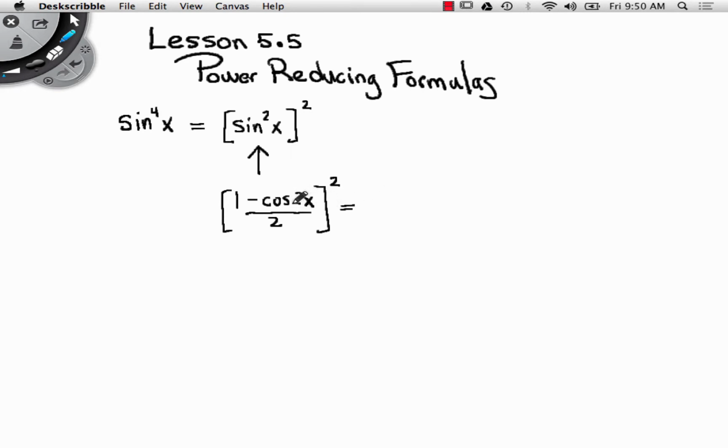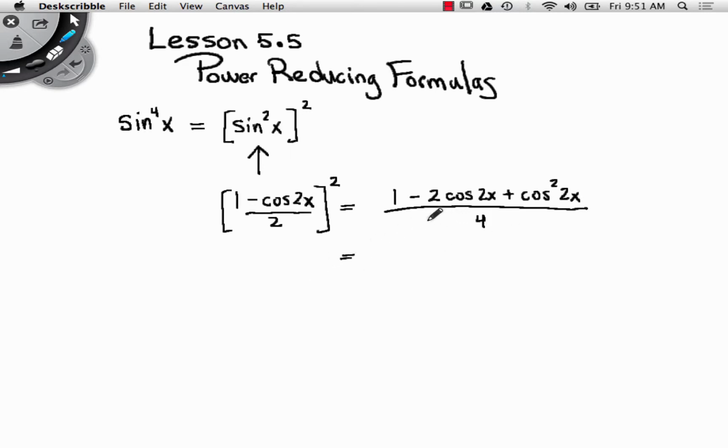Now what's going to happen here is I'm going to FOIL out the numerator and square the denominator. So the denominator just becomes 4. And by FOILing out the numerator, I get 1 minus 2 cosine of 2x plus cosine squared of 2x, like that.